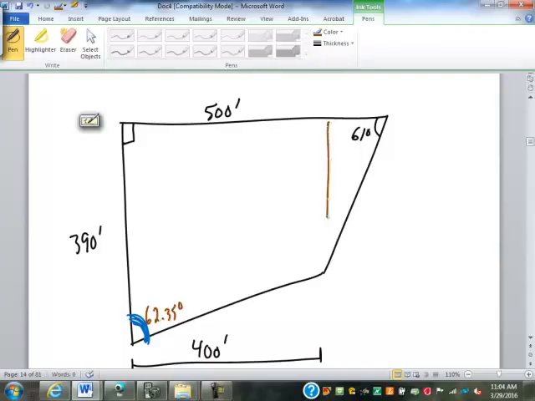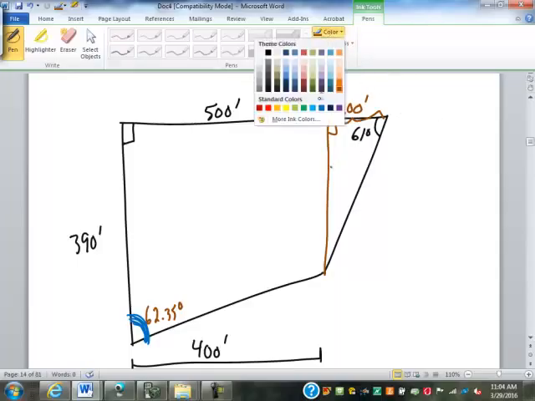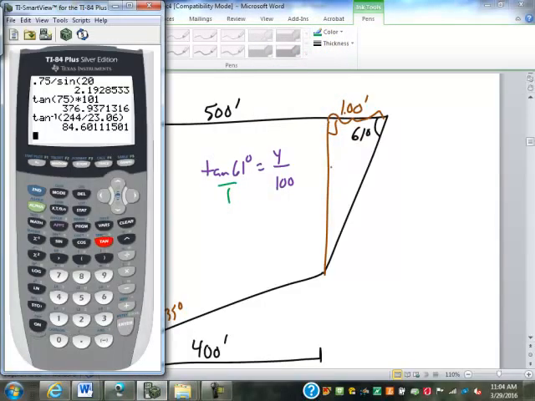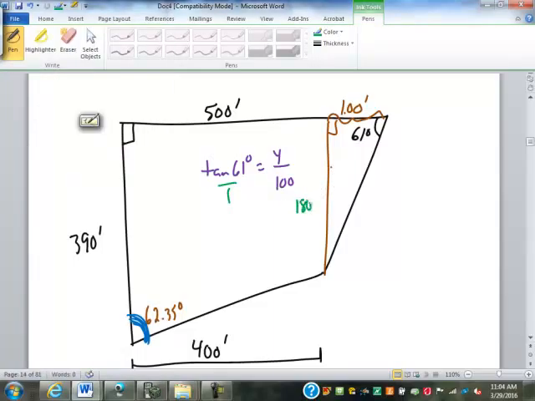So let's see here. We're going to cut this at a 90-degree angle. This we know is 100 feet up here. So to find this, it's going to be the tangent of 61 degrees is going to be, we'll call that y over 100. So it's just going to be the tangent of 61 times 100. We don't have to divide by the 1. So that's 180.405 feet.